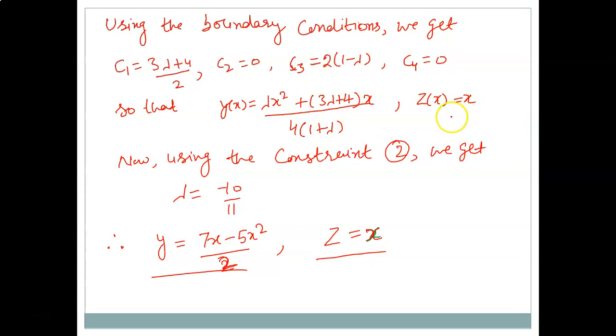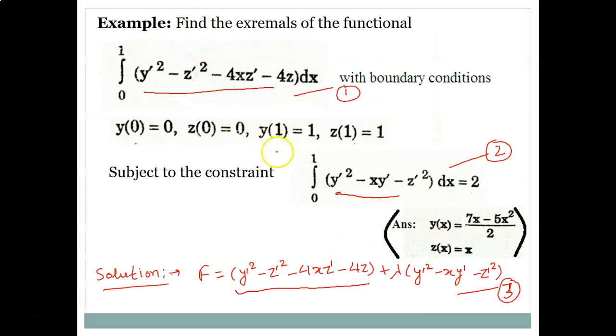Now again, using these two functions in constraint 2, after simplification, the value of the undetermined constant lambda is also obtained, minus 10 by 11, and substituting here, y(x) becomes this one and z equals x. So this gives the solution of this isoperimetric problem involving more than one variable and their first order derivatives.